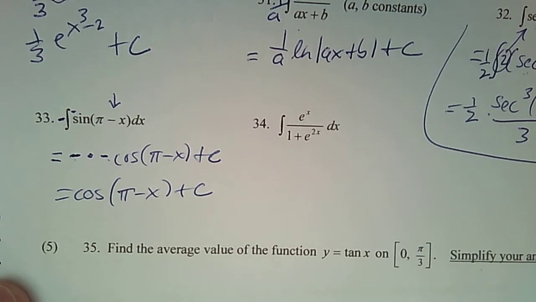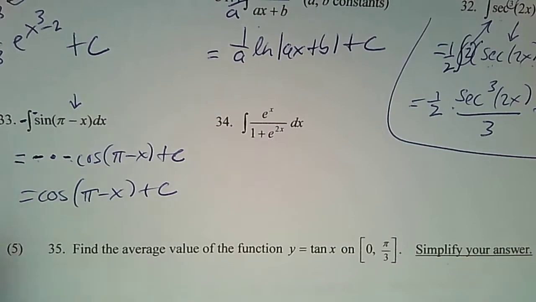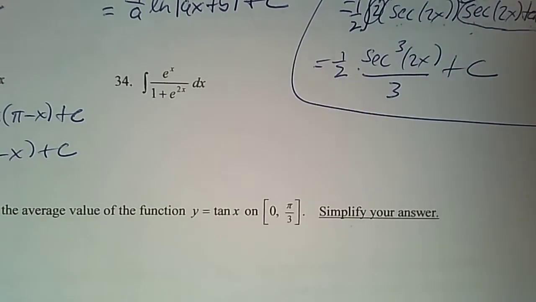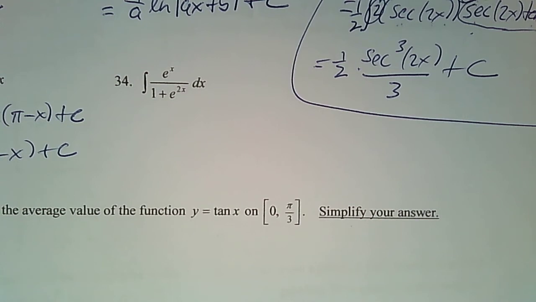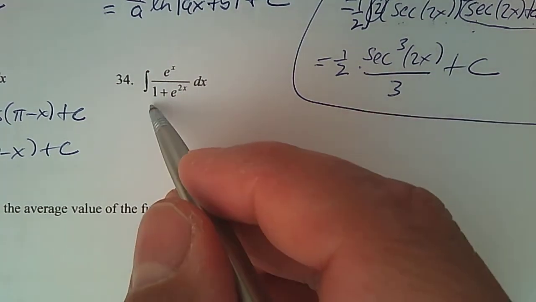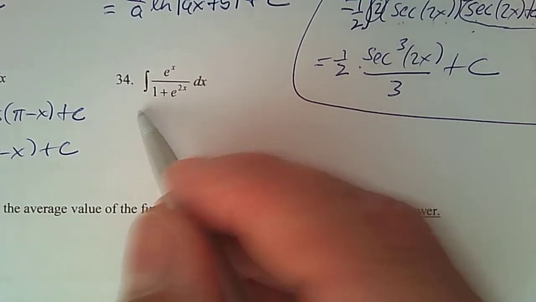Okay, 34. You try, and then I try. So press pause and recognize what you could do with it. All right, so the derivative of this is 0 e to the 2x times 2.